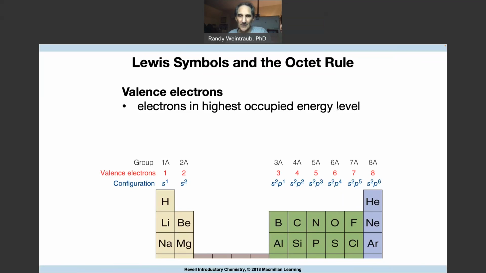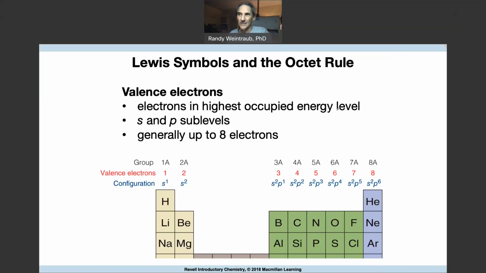Since 2 electrons can fit in each orbital, there are 2 electrons in the S sublevel and 6 in the P sublevel, and that's where we have the octet rule: S and P sublevels needing to be filled for an atom to be stable.